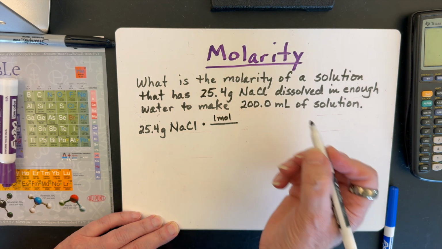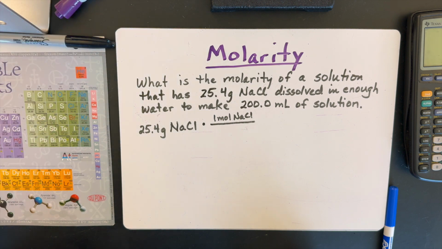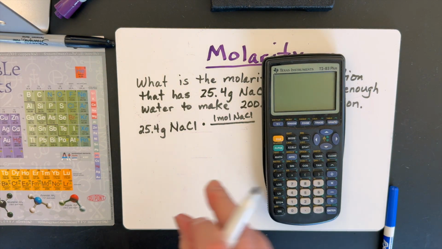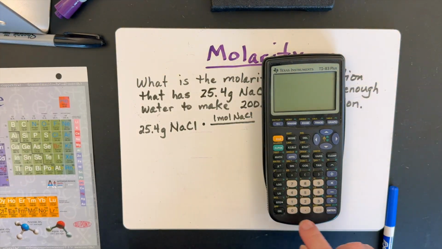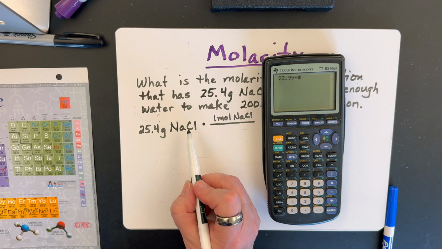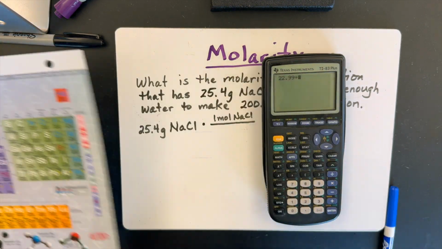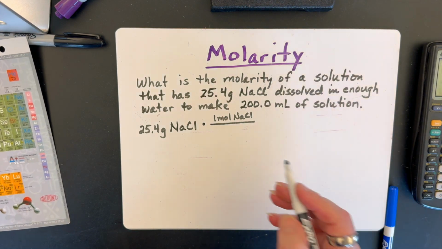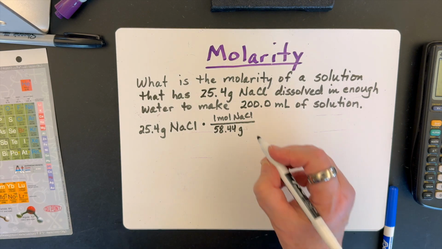1 mole of NaCl is whatever it adds up to on the periodic table. So we need 1 Na, which is 22.99, and we need 1 Cl, which is 35.45. So our mass is 58.44 grams per 1 mole of NaCl.